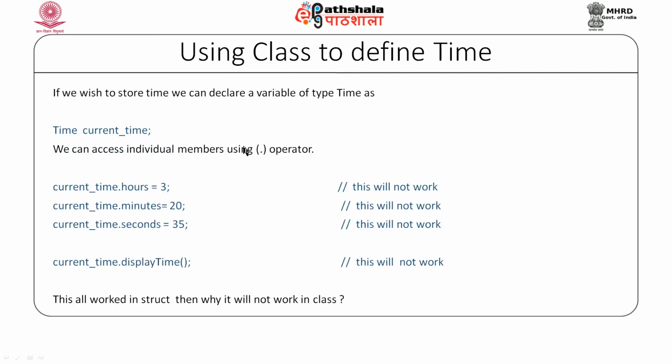If we try to access them, now I am assuming that these statements are written in the main function or any other function, in any other function or in the main function, these members are not available. These members can be accessed only inside the class.